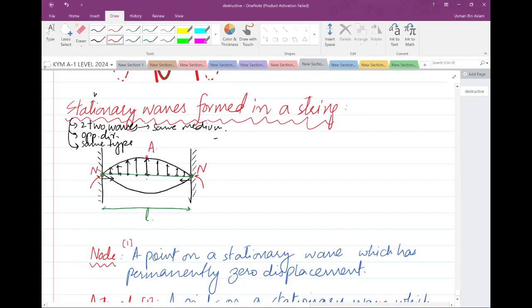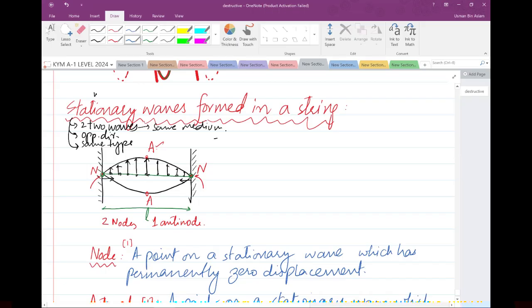After some time, the same particle is going to move downwards as well. So we count this particle as an antinode. It's counted only once. You don't count these two as two separate antinodes. Right now, you're able to see two nodes and one antinode. Are you with me so far? Yes. All right, that is great.